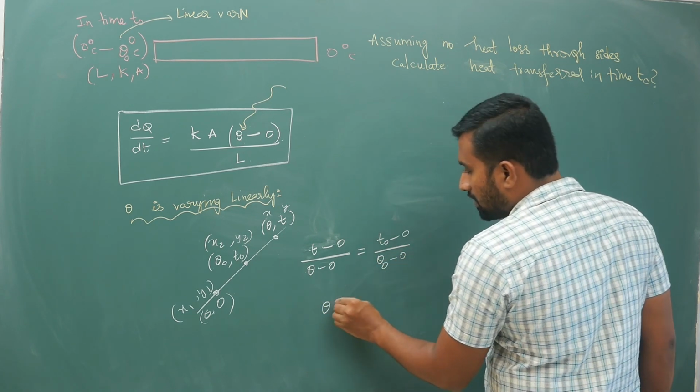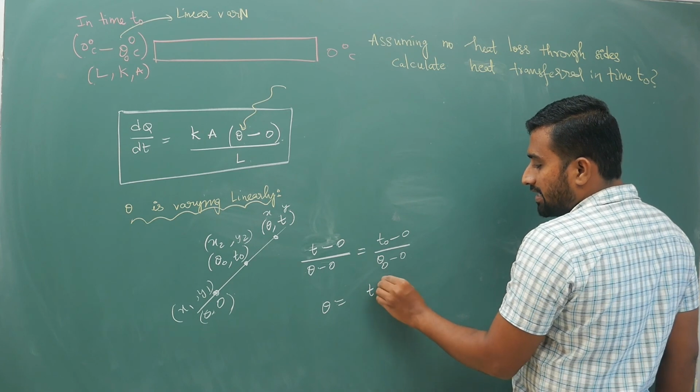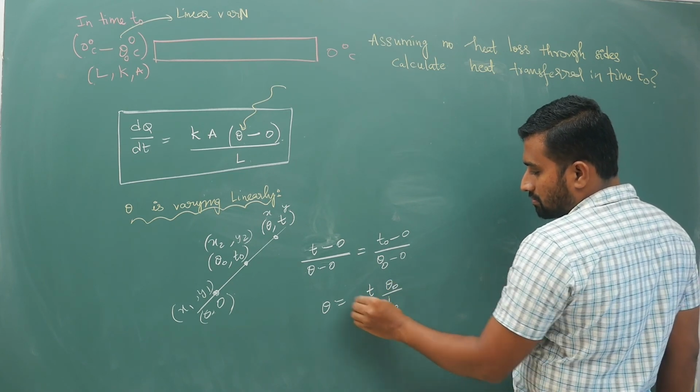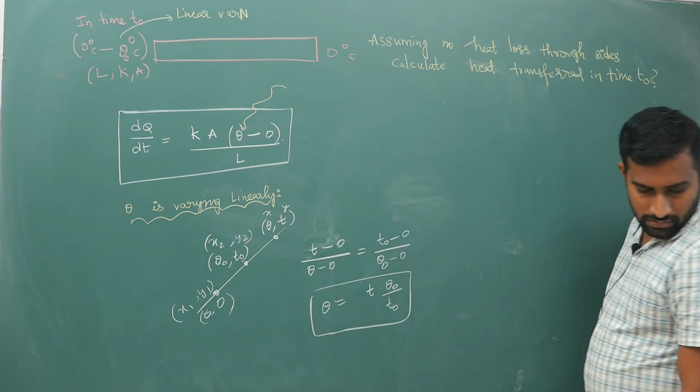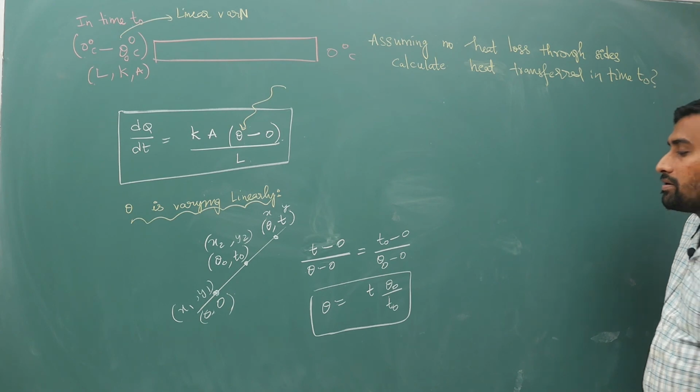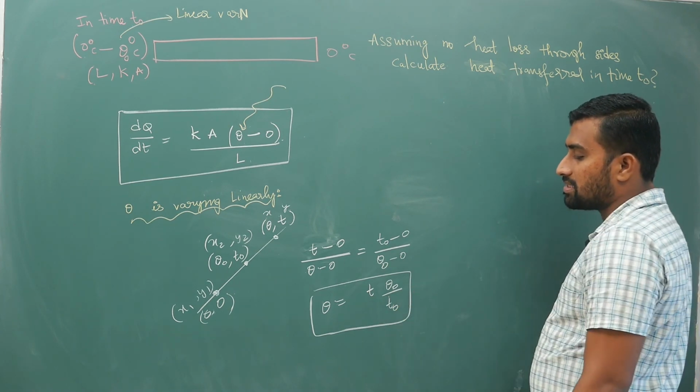So from here your theta is t times theta naught by t naught. Hope you have understood it. This is your theta as a function of time.